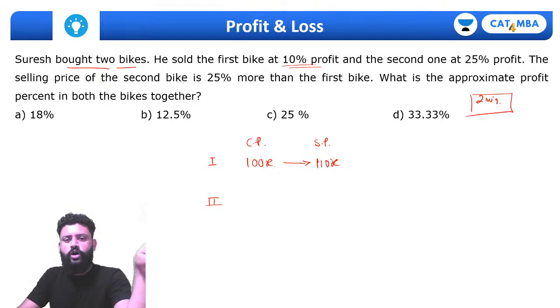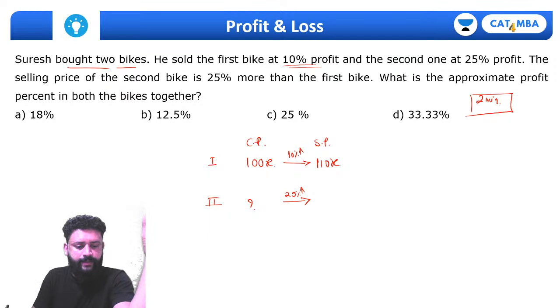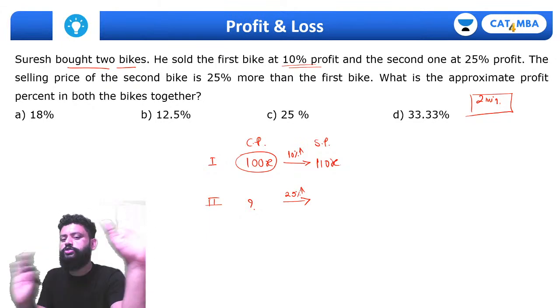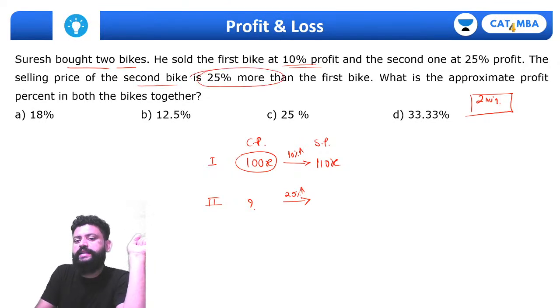Now we don't know the cost price of the second bike, but we know first one is sold at 10% profit and the second one is sold at 25% profit. हमने सिर्फ एक ही assume किया, हमने second bike के बारे में अभी तक कुछ भी assume नहीं किया. One thing we know, the selling price of second bike is 25% more than the first bike.